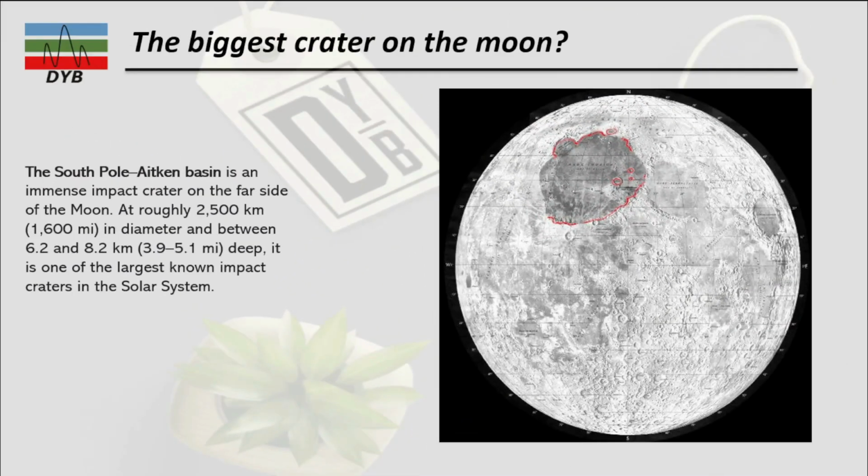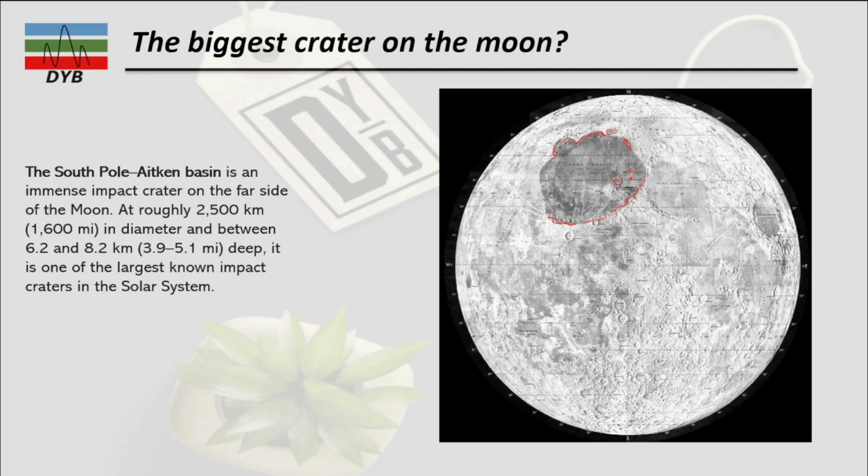If you look at the biggest crater on the surface of the moon, it is situated in the South Pole. The Aitken Basin is an immense impact crater on the far side of the moon. So it is not on the near side which we look at, but on the other side of the moon.